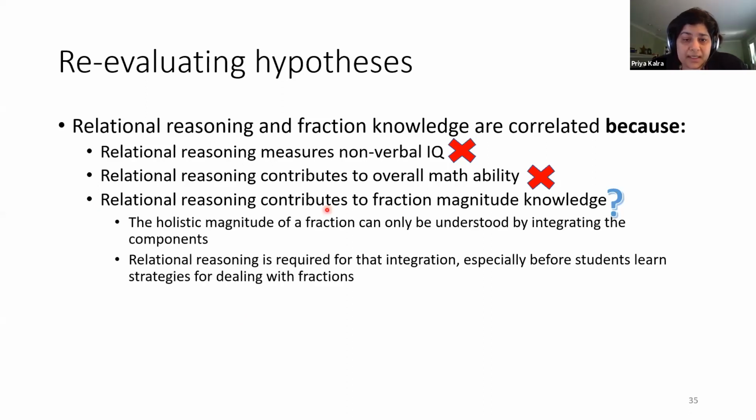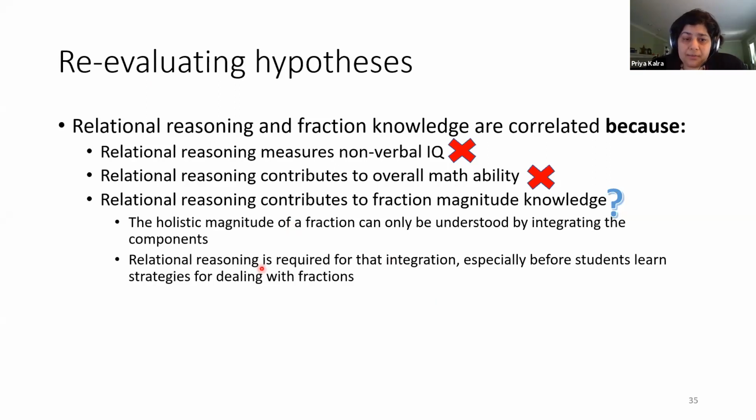Okay, what about this last point? This is an idea from the numerical cognition literature, that there's been a lot of emphasis on helping students understand that fractions have magnitudes, that you can put them on a number line, that a fraction represents some quantity, and that understanding fractions in this sense may be the key to helping students perform better with fractions overall.